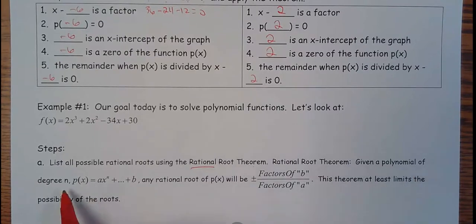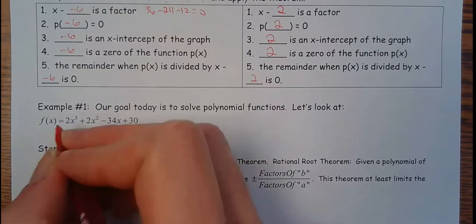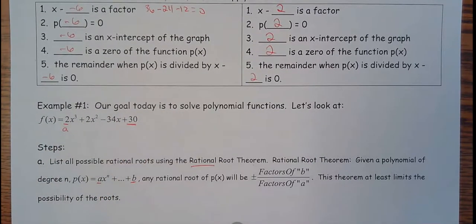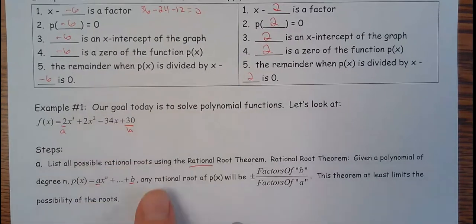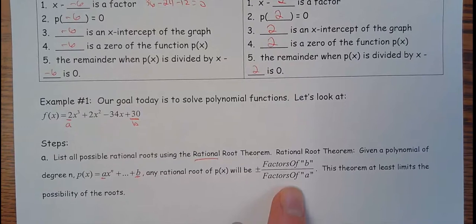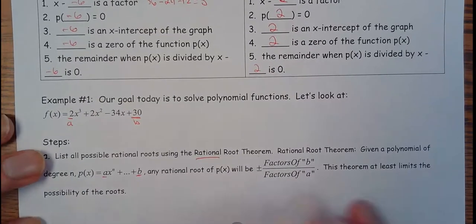Okay. So given a polynomial of this form, let this be a. So a is 2, b is the last number, so b is 30. Any rational root will be the factors of b over the factors of a. So I need to list them first.